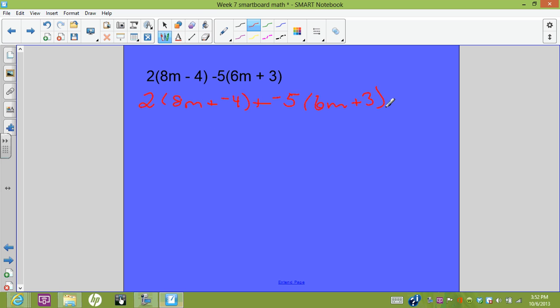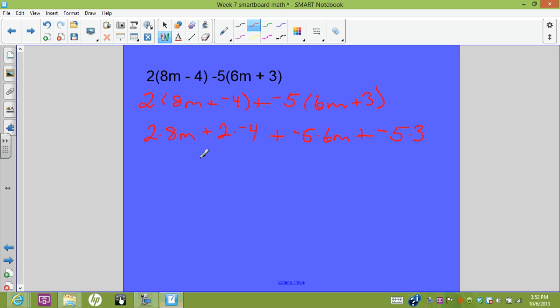Now we can actually go through and use the distributive property. 2 times 8m plus, we have to do 2 times negative 4 as well. 2 times negative 4 plus negative 5 times 6m. Negative 5 times 6m plus negative 5 times 3.